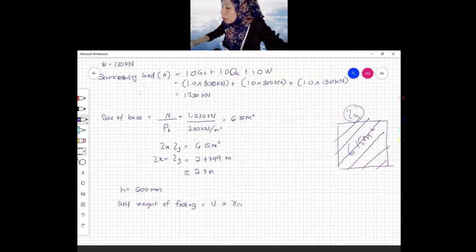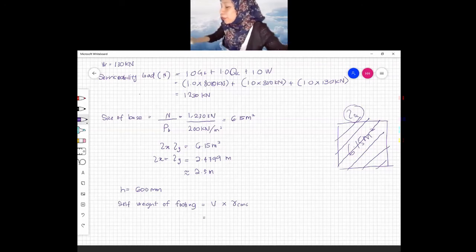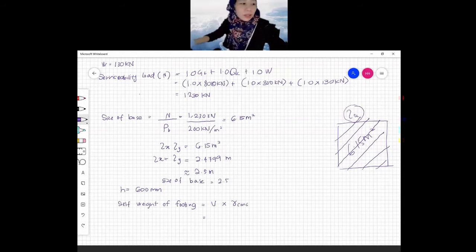Sorry, I forgot something above. This 2.5 is for one side, so the size is actually 2.5 meter times 2.5 meter, so you get 6.25 meter square.